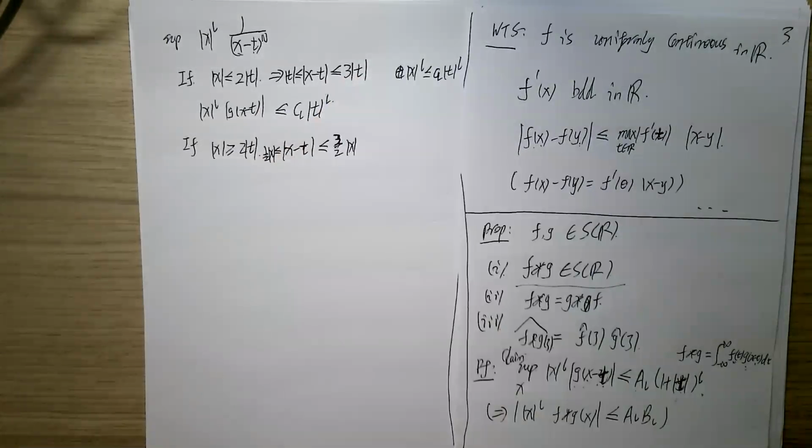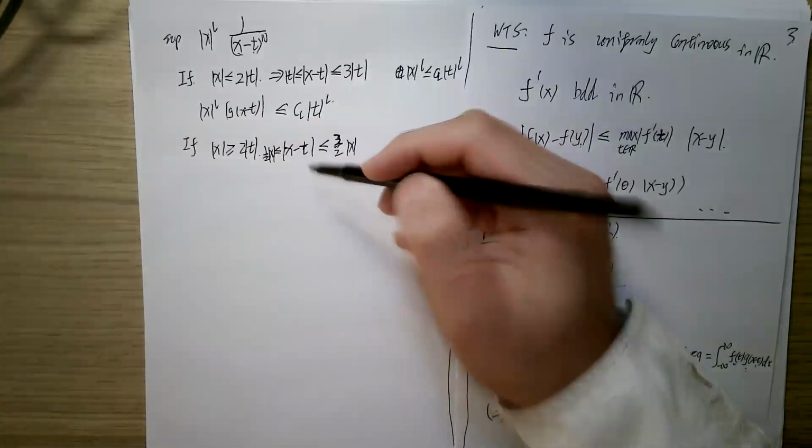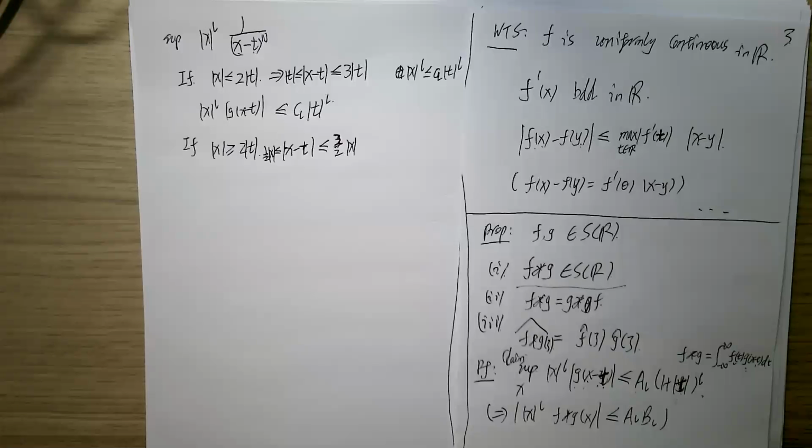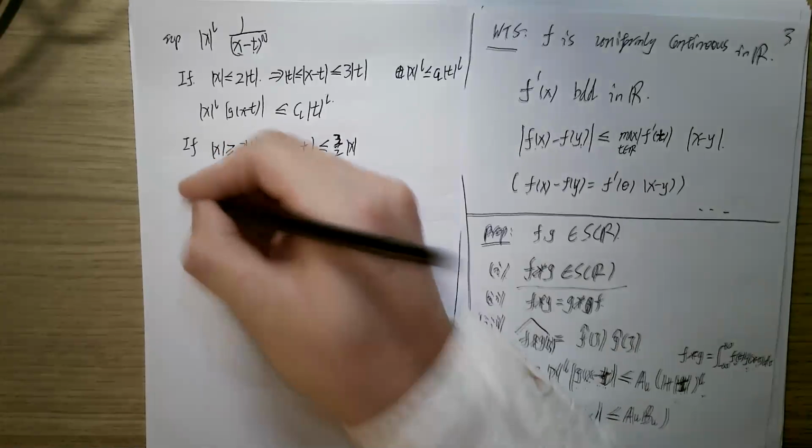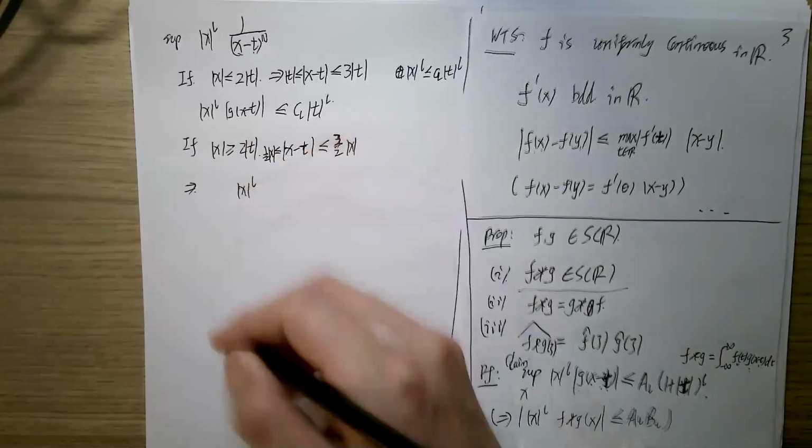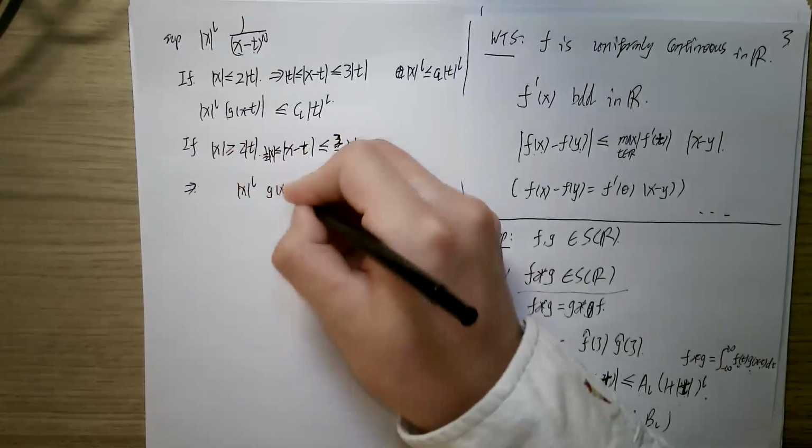So which means, okay, 1 over it to some power is still something bounded above by x, below by x, right? So that means x to the power L times g of x minus t.